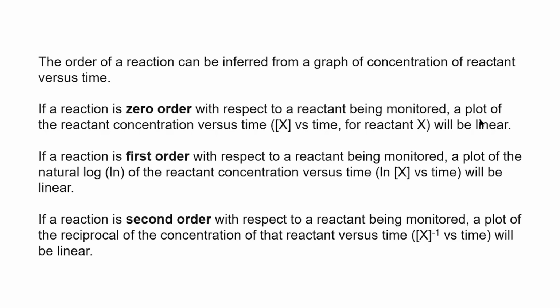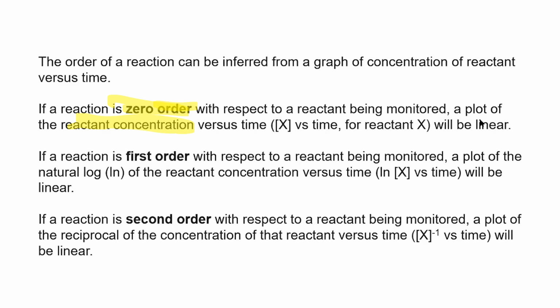The order of reaction can be inferred by the graph of concentration of reactant versus time. If a reaction is 0 order with respect to a reactant being monitored, the plot will be linear, and it's just the actual concentration itself versus time.